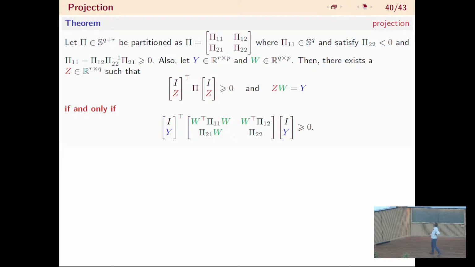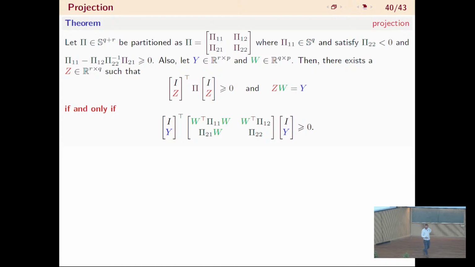Then for y and w given these dimensions, there exists a z satisfying pi quadratic matrix inequality and also this linear equation, z times w is equal to y, if and only if y satisfies this quadratic matrix inequality, where the defining matrix comes from pi and w in this way.